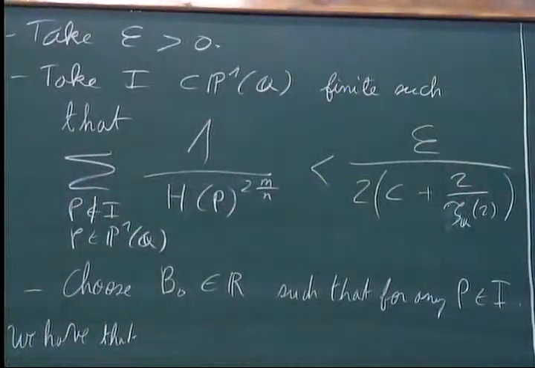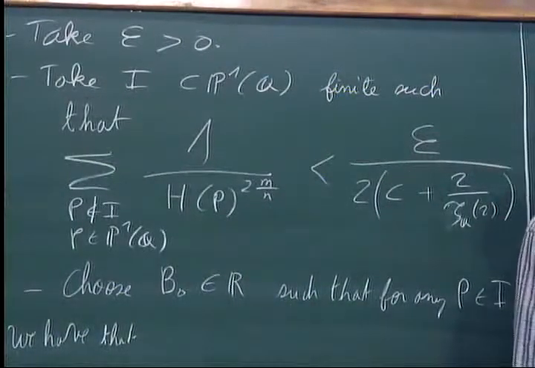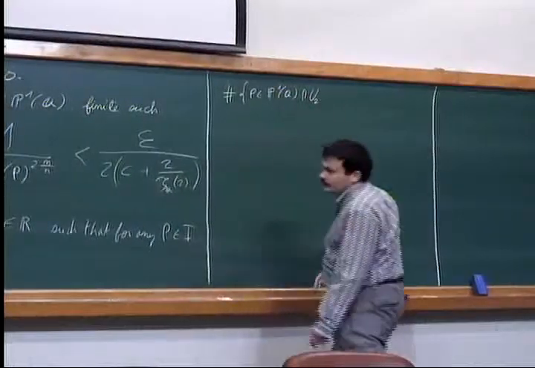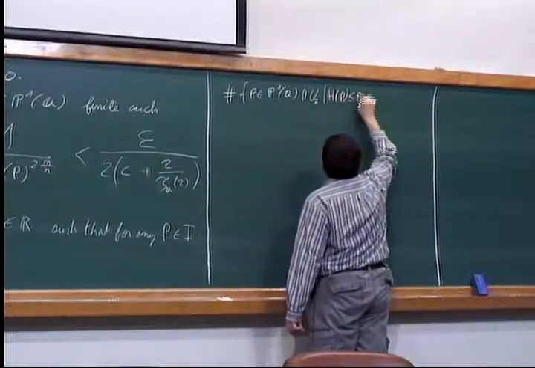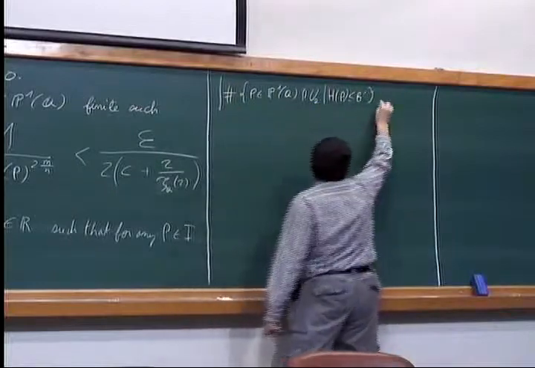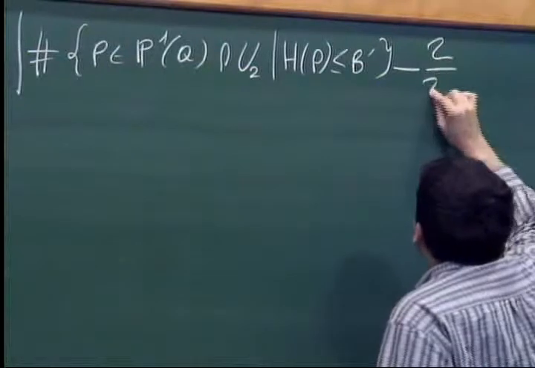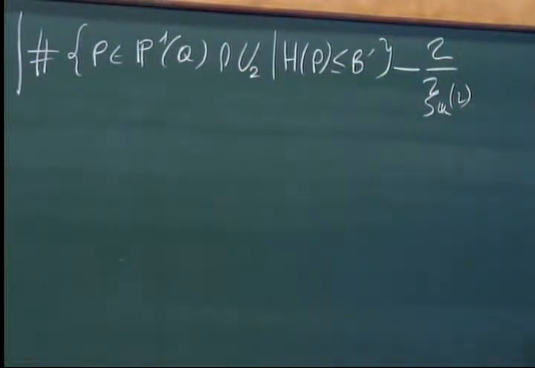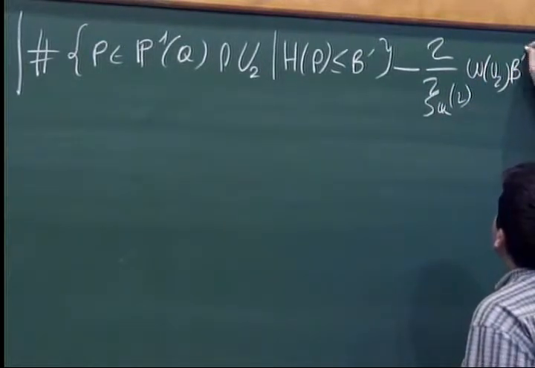So I'm using the equivalence here. So the cardinal of the P in P1 of Q intersected with U2 such that the height of P is less than b prime, minus, well, the other term, 2 over zeta q of 2 times omega of u2 times b prime square.